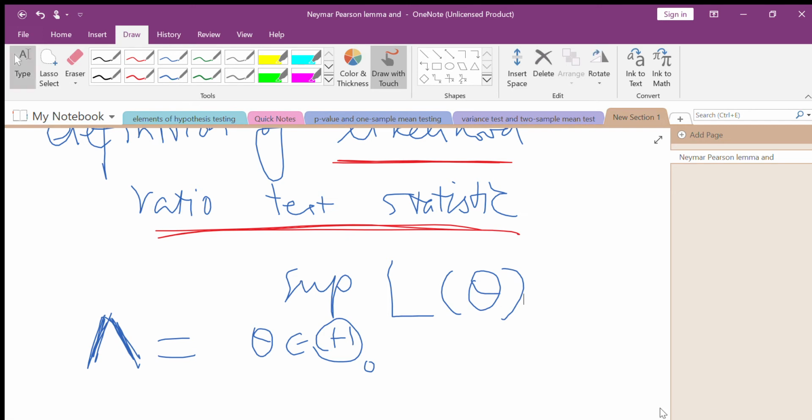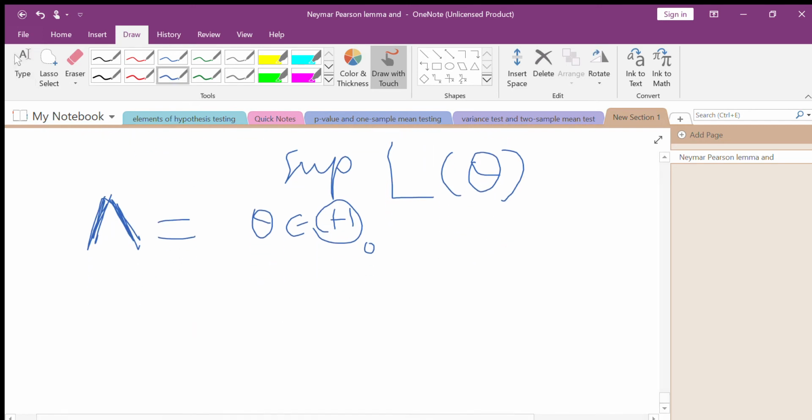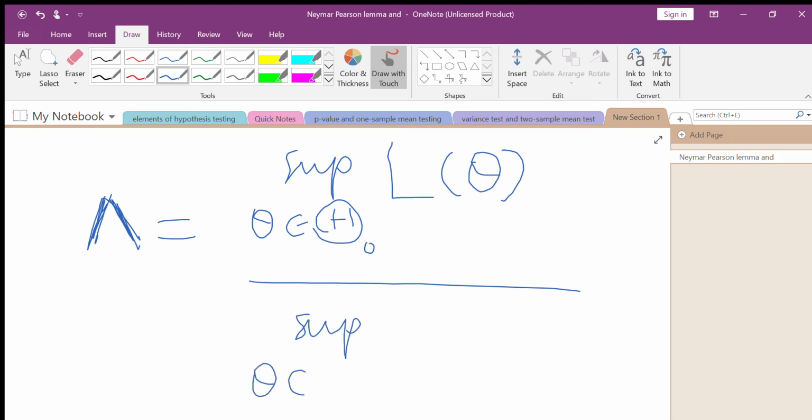This is the numerator. The denominator is the supremum over theta, not from the alternative parameter space, but from the whole parameter space capital theta, not capital theta 1. Keep that in mind: capital theta, the likelihood function evaluated at theta.